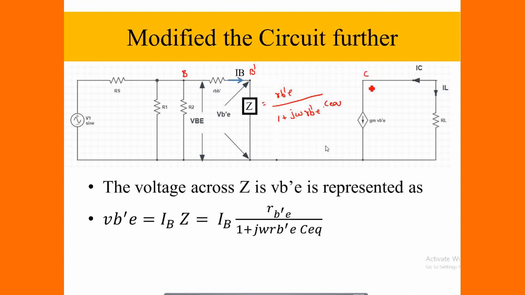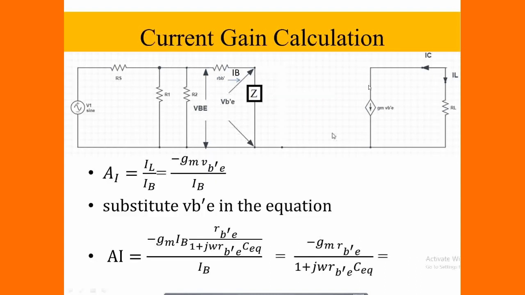Now further we are going to calculate the current gain. Current gain is defined as the output current to the input current. The output current is IL. The input current of the amplifier is IB. So IL by IB, where IL is nothing but minus IC. So we write IC as minus GM into VB dash E by IB.